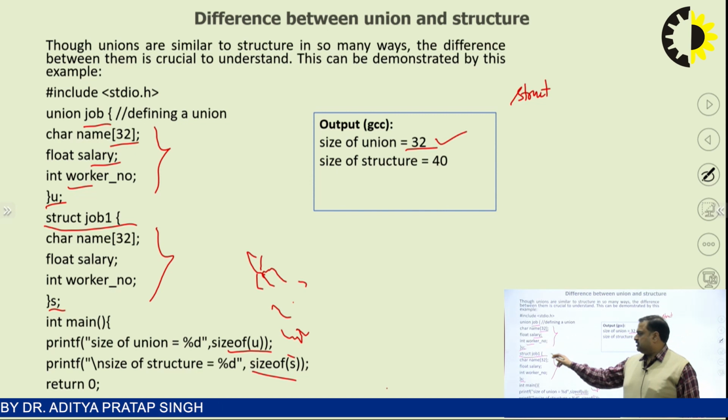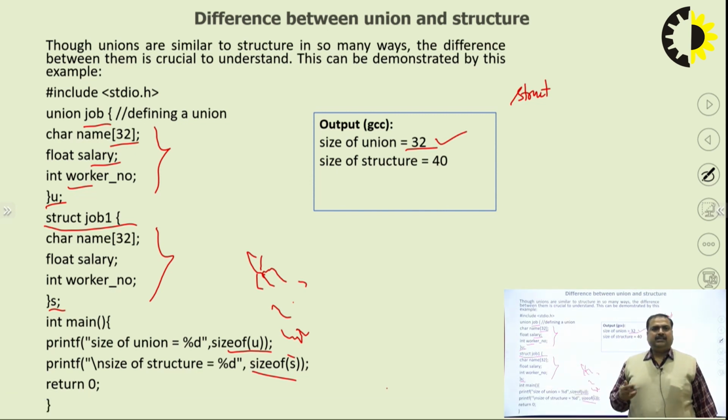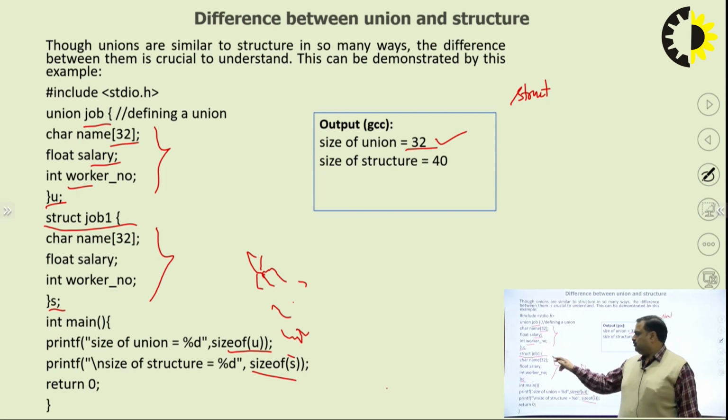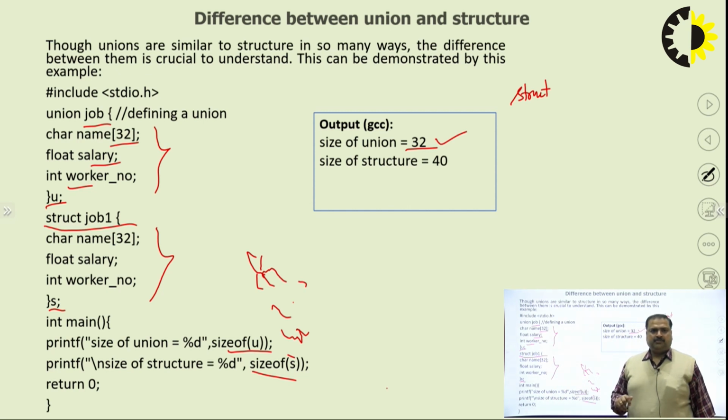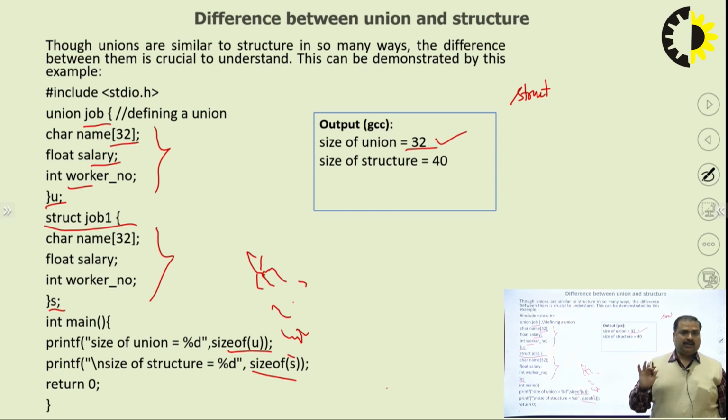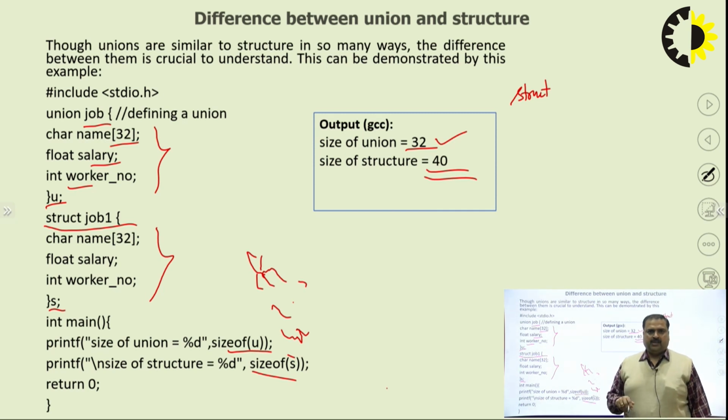But in the case of a structure, every member has an independent memory requirement, so everybody is given independent memory. So 32 plus 4 plus 4, that means 32 plus 8, 40 bytes are required for a structure variable. I hope it is clear what kind of requirement you have when creating a union and when creating a structure.